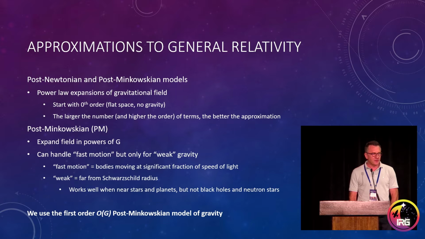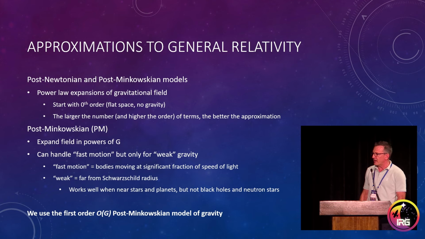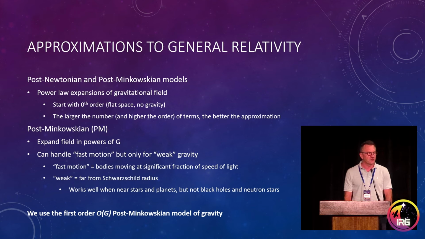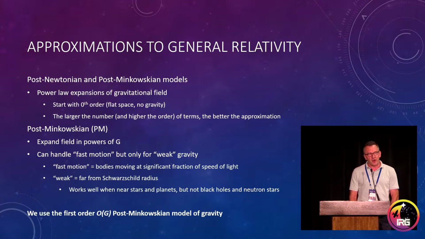And the Post Minkowskian, or PM, model of gravity can handle fast motion, but only for weak gravity. So what do I mean by fast motion? I mean bodies moving at a significant fraction of the speed of light. And by weak gravity, I mean far from the Schwarzschild radius, the Schwarzschild radius being the radius of the event horizon of an object.